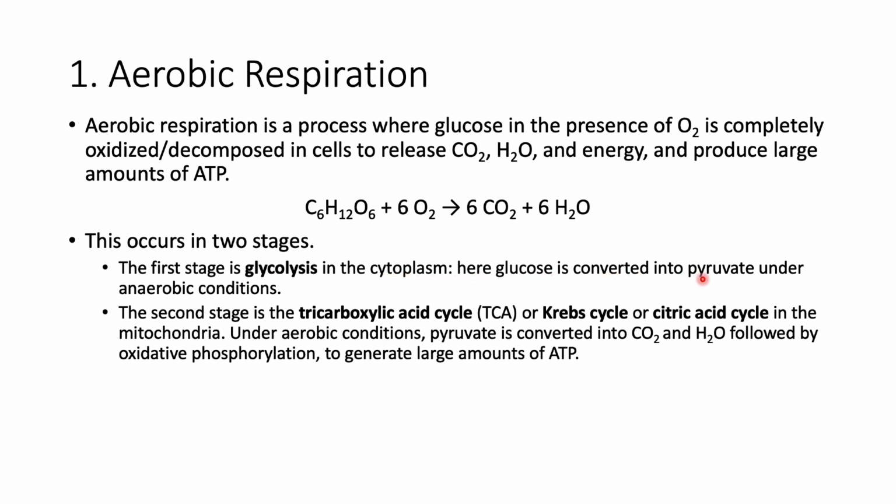Here the glucose is converted into pyruvate under anaerobic conditions. The second one is the tricarboxylic acid cycle, or TCA cycle, or Krebs cycle, or the citric acid cycle, which occurs in mitochondria under aerobic conditions. So the first one is an anaerobic reaction, the second one is an aerobic reaction. Here the pyruvate is converted into carbon dioxide and water, followed by oxidative phosphorylation to generate a large amount of ATP.